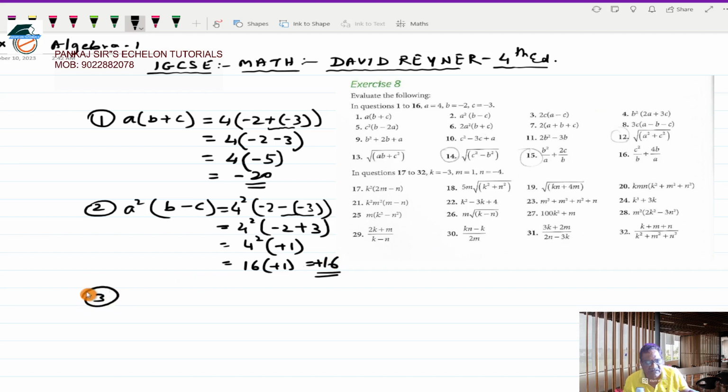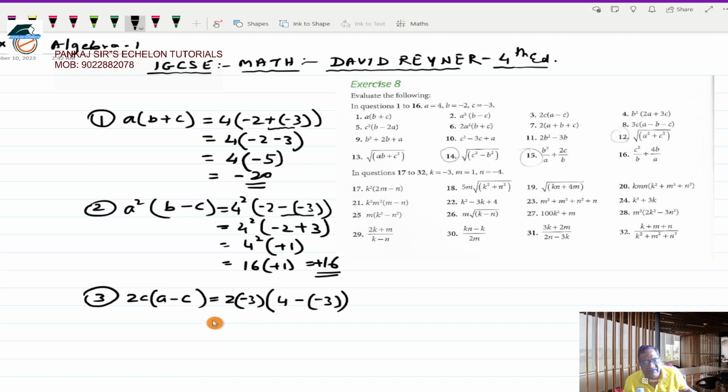Third one. Third says that it is 2c times a minus a c. Okay, 2c times a minus a c. Okay, this will be equal to, now 2 into c is how much, minus 3. That's it. Then a bracket, and a is how much, 4 I have to take, 4 minus, and c is how much, again minus 3.